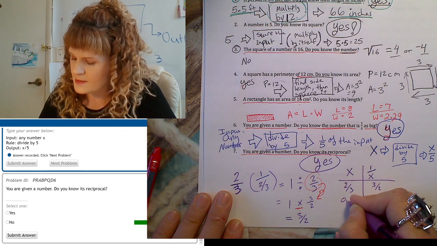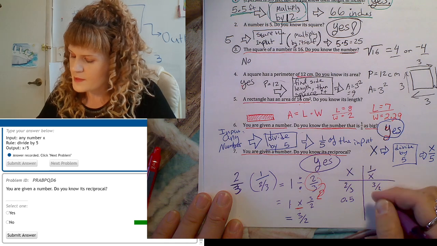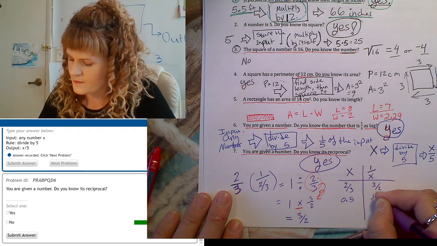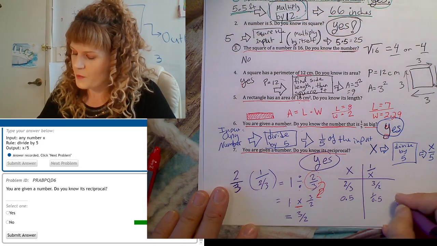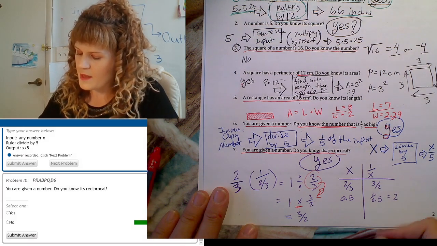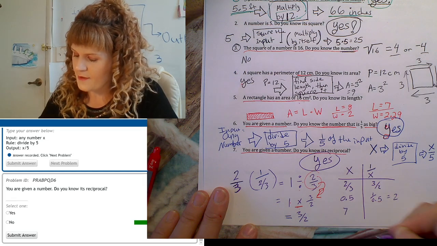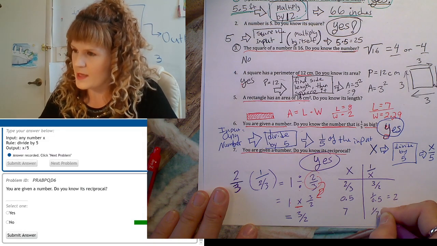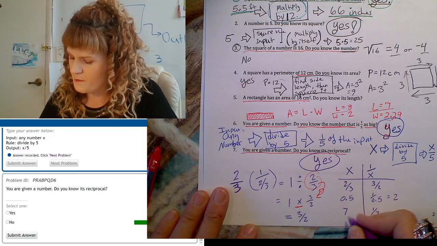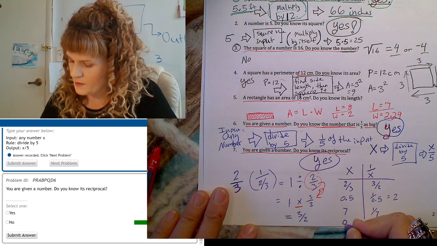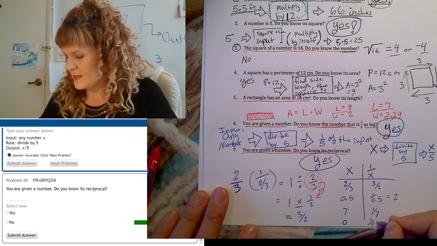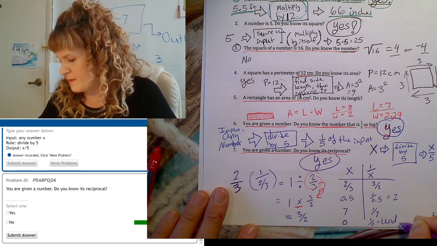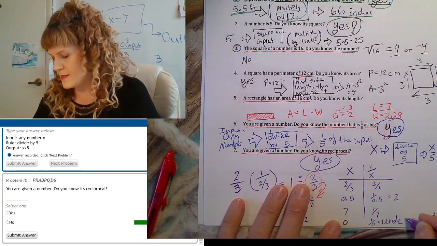If x is 0.5, the reciprocal is 1 divided by 0.5, which equals 2. If the input is 7, the reciprocal is 1/7. But if the input is 0, you cannot take a reciprocal. That is undefined because you cannot divide by 0.